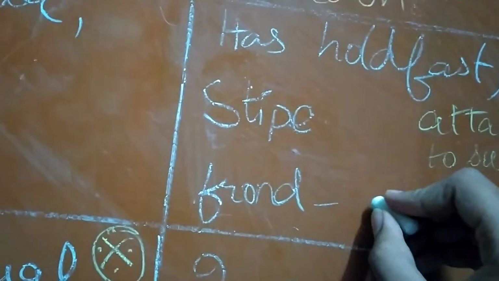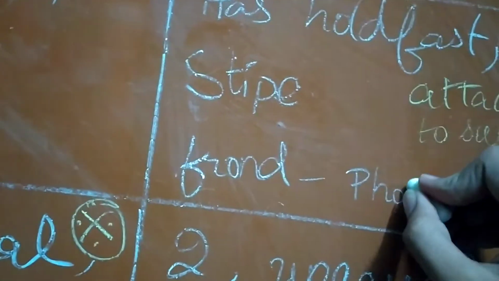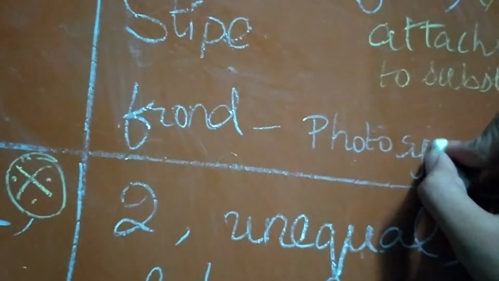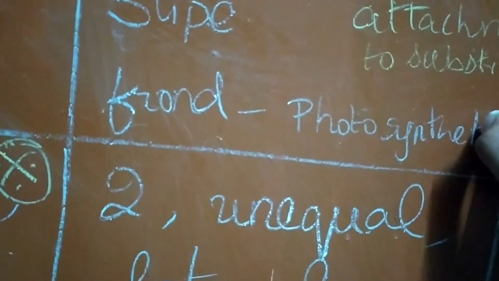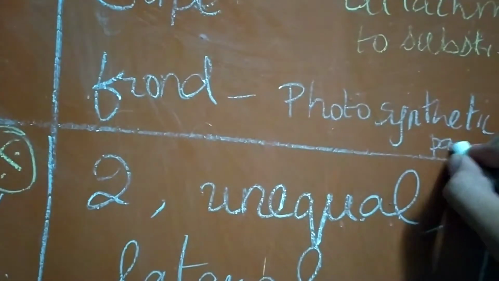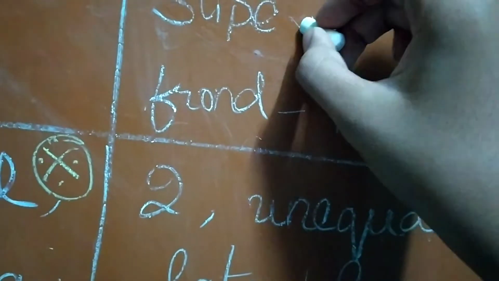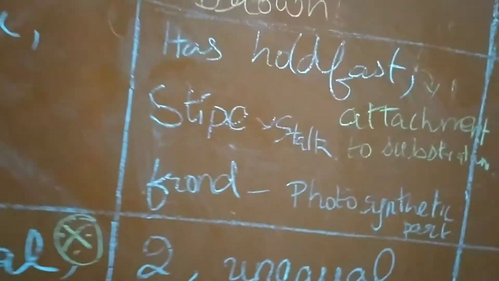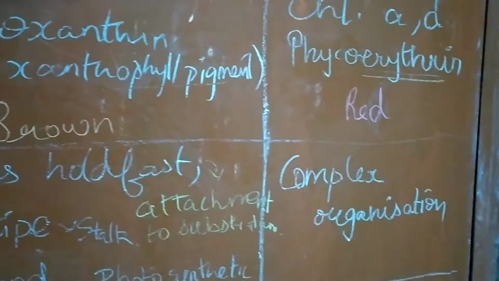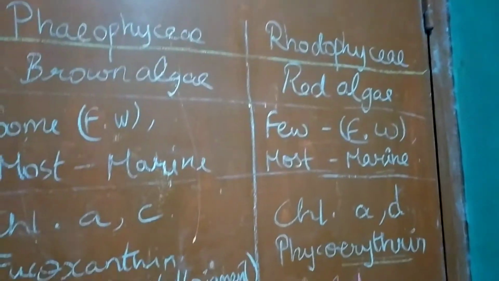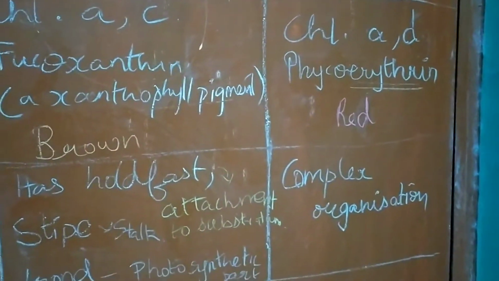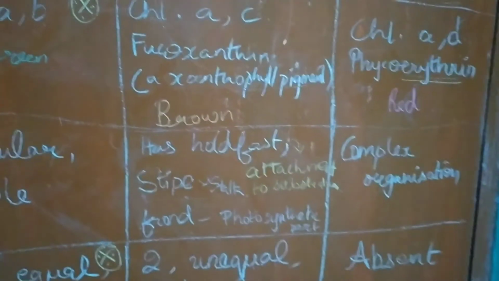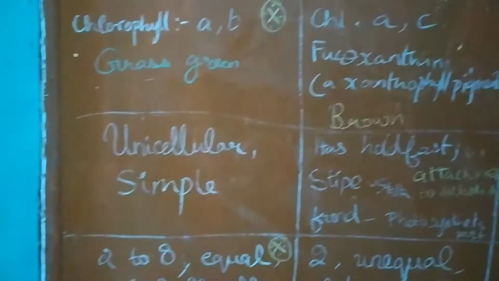So frond is the photosynthetic part, and stipe is nothing but the stalk. Okay, and the Rhodophyceae is so complex organized, so fortunately we are not gonna discuss about it.